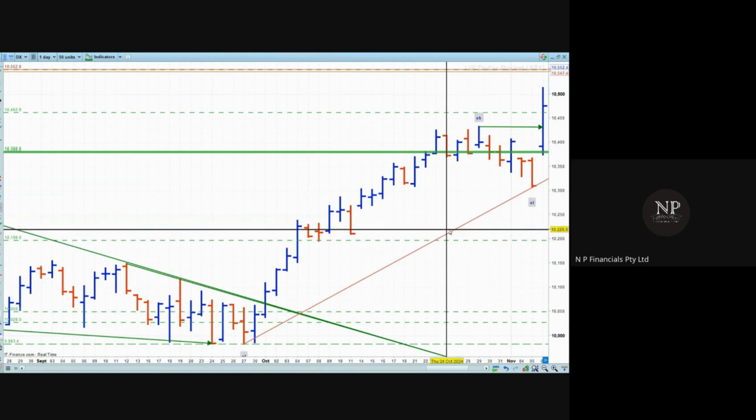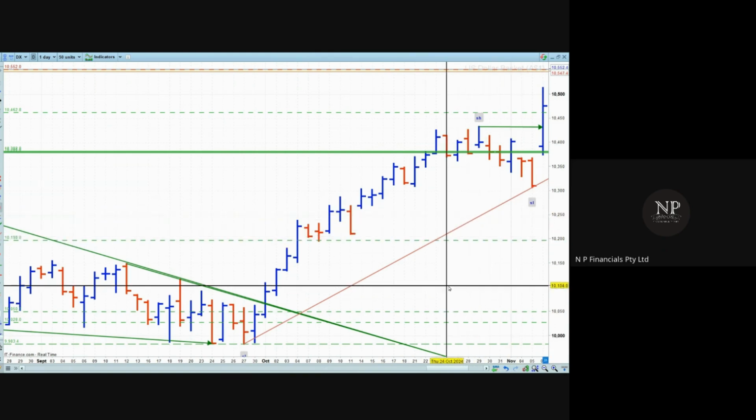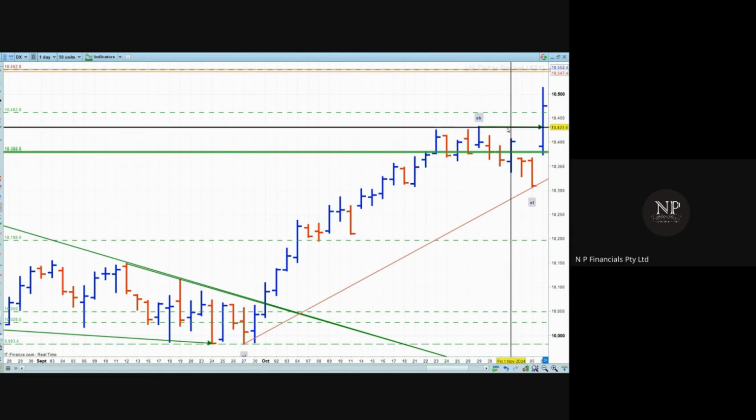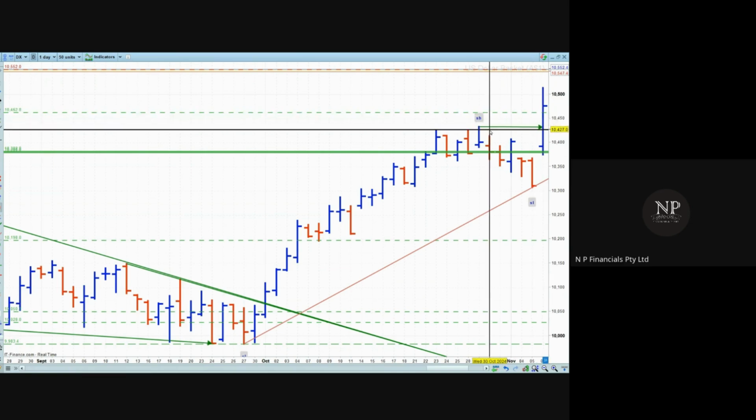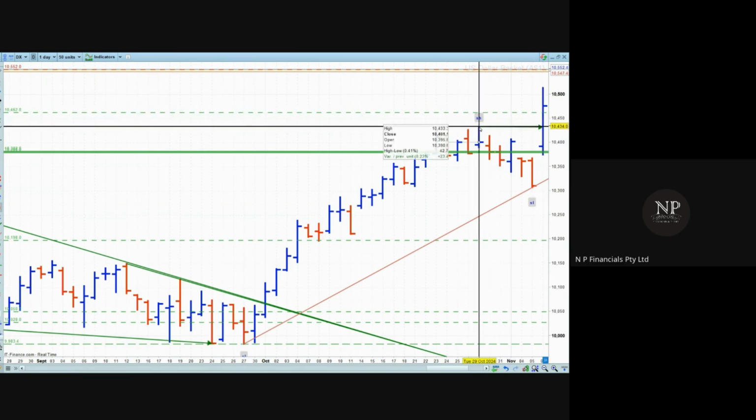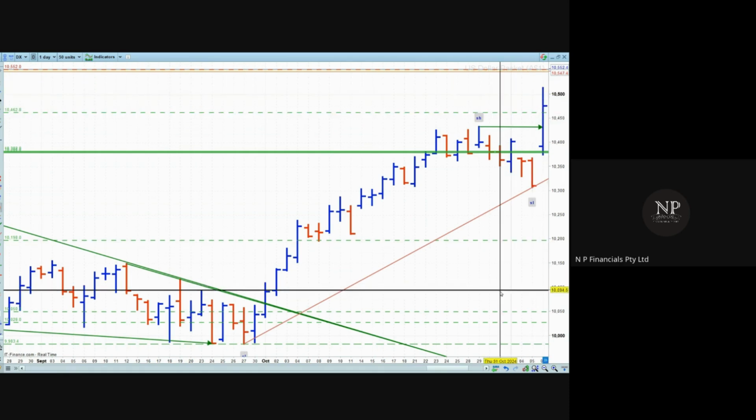You do that and forget about it, and then wait for this swing high to be taken out. Price has to go beyond this high point. This high is 10433 for the dollar index, and this is more than that, 10,500 or whatever.